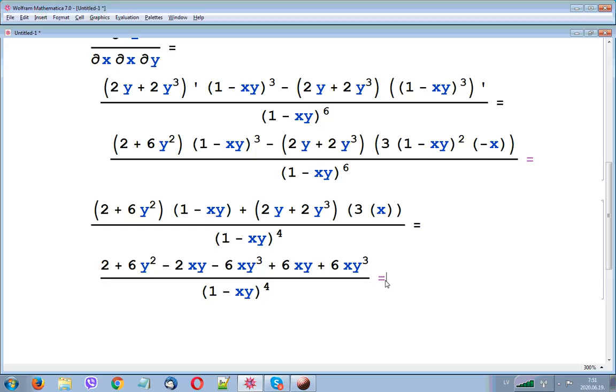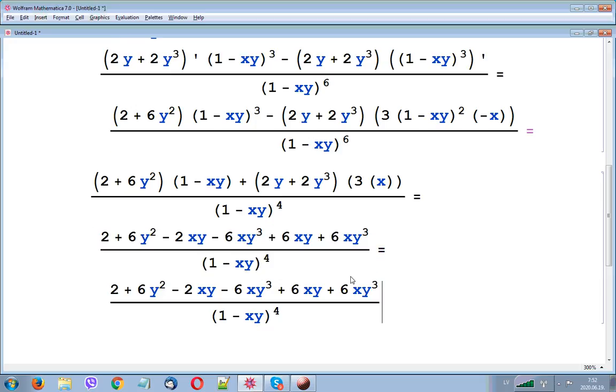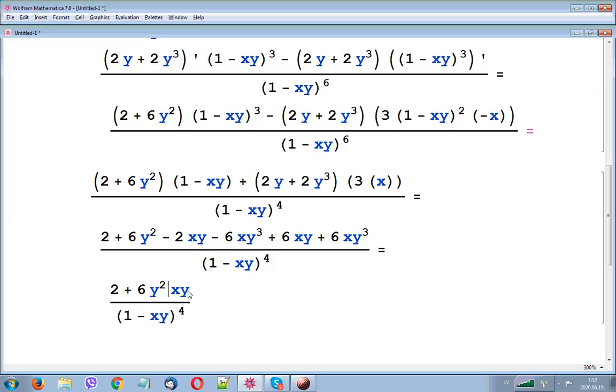So now let me copy this, and then we will simplify one more time. So here this guy will disappear, this guy will disappear, and here you will have, instead of this, 4xy with plus sign. And now this is the result.